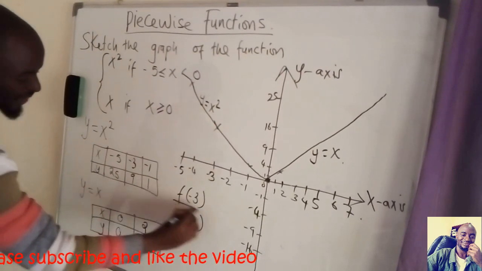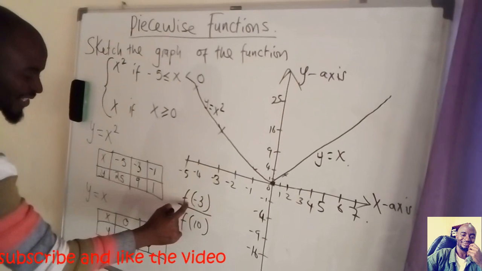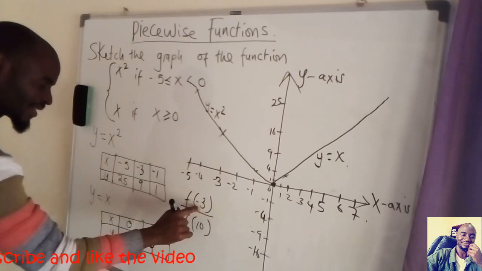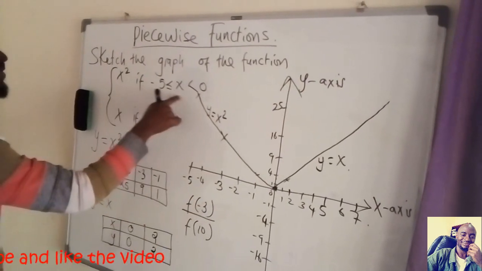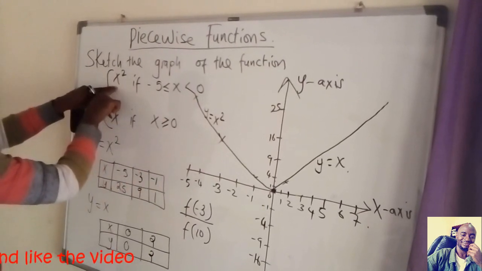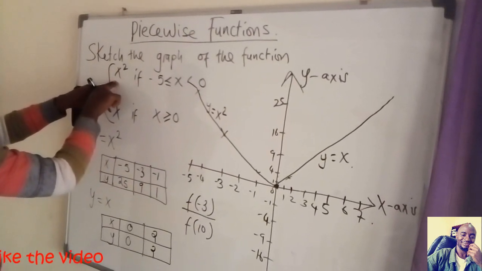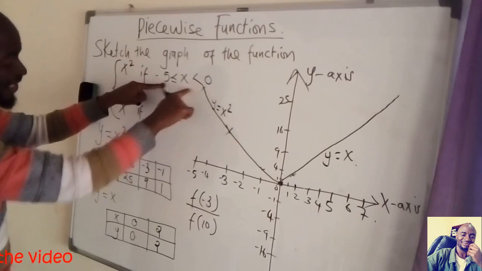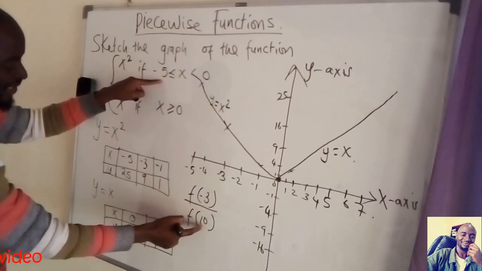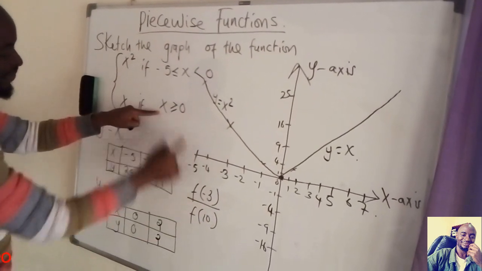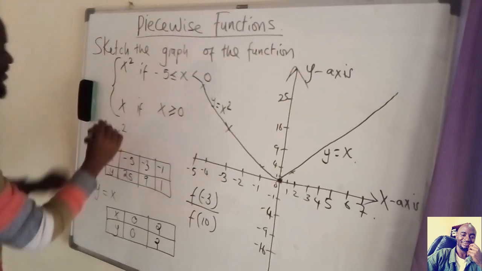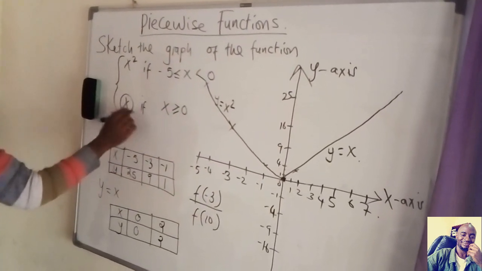So for you to work out this, you need to know which function to use. So you are going to look at -3. -3 will be in this interval. So the function that you are going to use is this one. But 10 is not in this interval, so you're going to use this other one because 10 falls in this interval. So the function that you're going to use is this one.